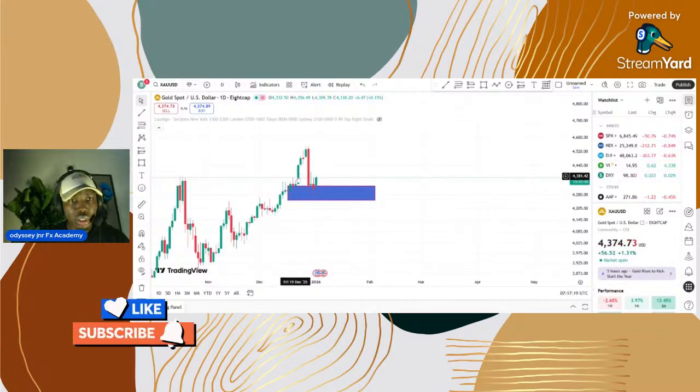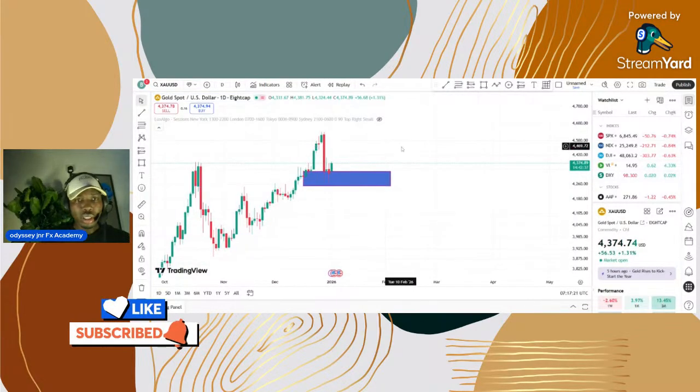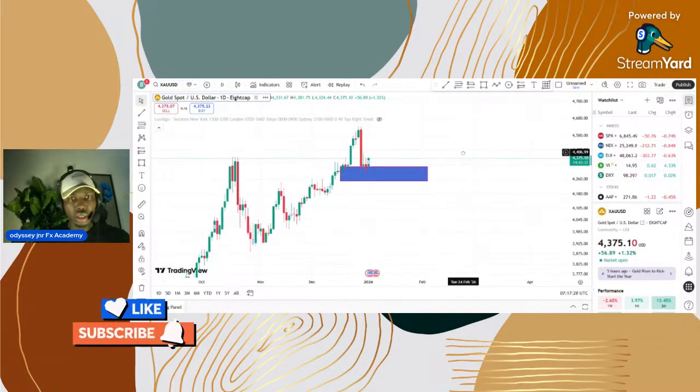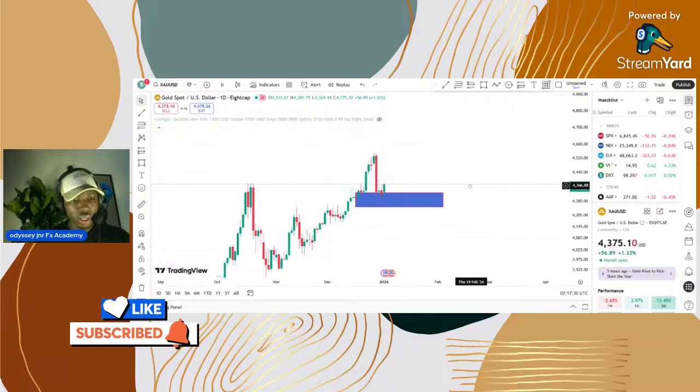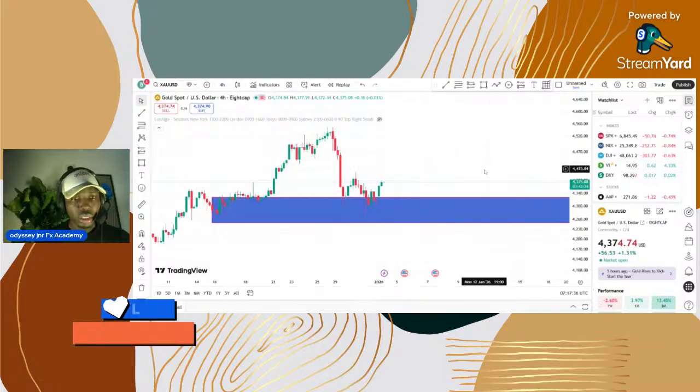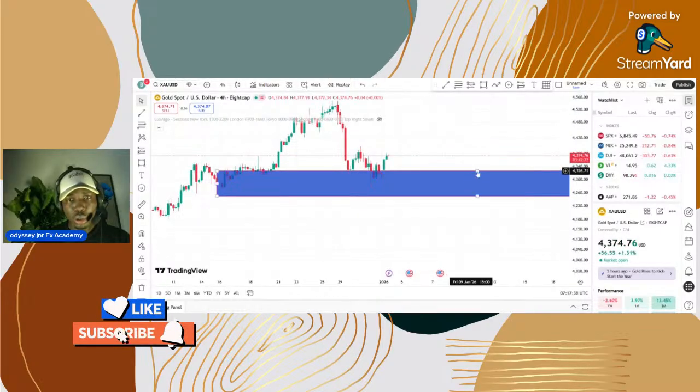Okay, I see an FVG here. So gold is reacting to this order block on the daily time frame. So let's see what we have on the 4 hours.